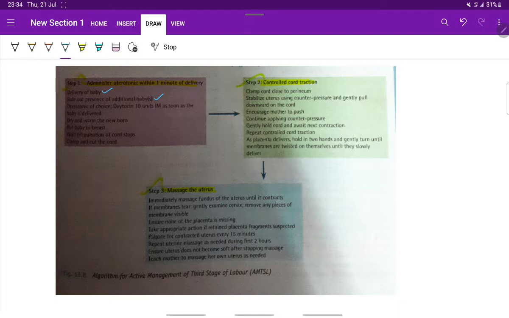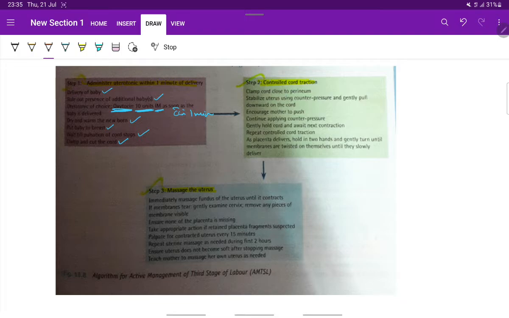And then the uterotonic of choice would be oxytocin 10 units given intramuscularly as soon as the baby is delivered, that is within 1 minute. And then we dry and warm the newborn. We immediately initiate breastfeeding, wait till the pulsation of the cord stops, and then we clamp and cut the cord. This is the first step.